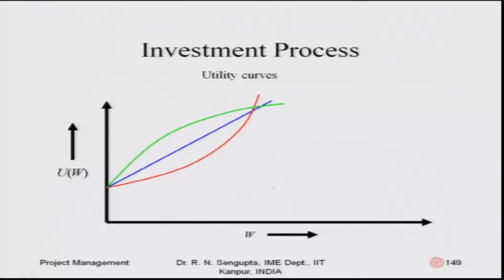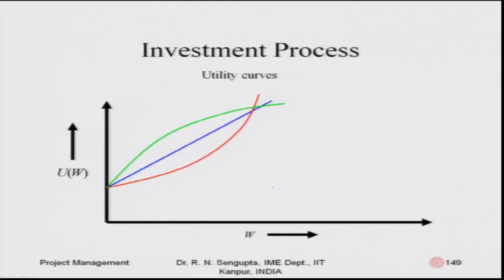Now, to give a very simple conceptual notion, a graphical one, such that it really makes sense for the people taking this course, let us consider the three graphs shown here. Along the y axis you have the utility of the decision, the project, the investment, whatever it is, and on the x axis you have the wealth, the amount of investment you are doing.